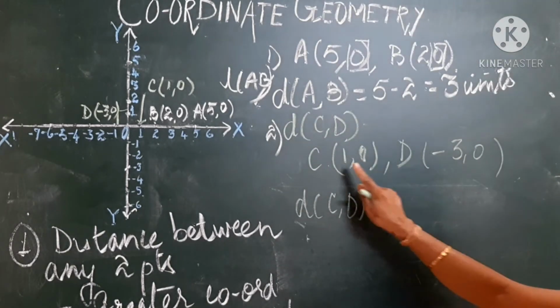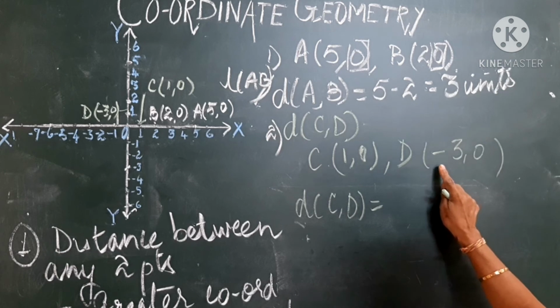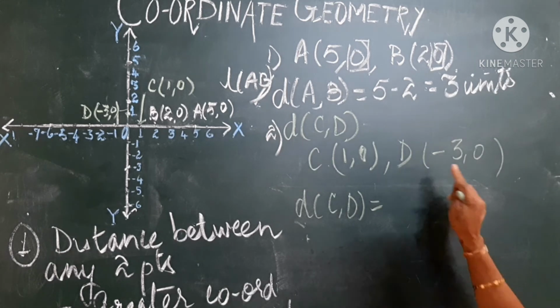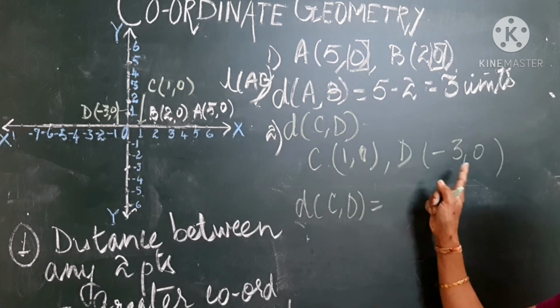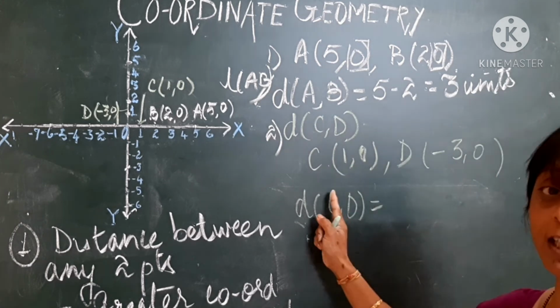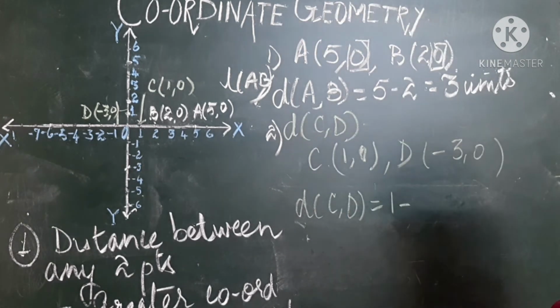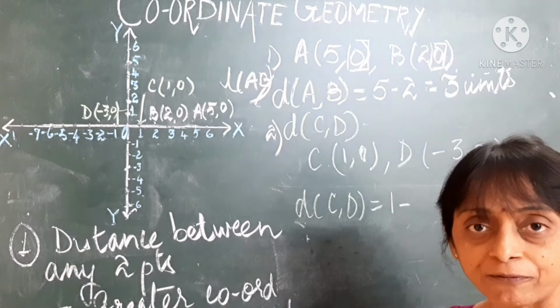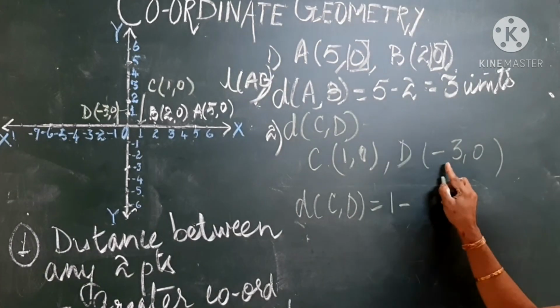Which is greater now? Over here you have 1 and the x coordinate of D is minus 3, and just now we saw that every positive value is always greater than any negative value. So which is greater, children, over here? 1 is greater. So greater minus the smaller coordinate.